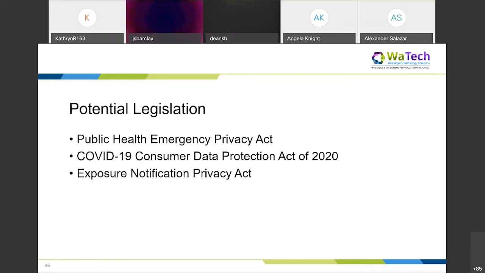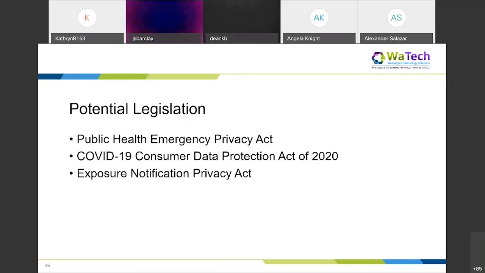So there are 3 bills right now that have been introduced at the federal level, and that's the Public Health Emergency Privacy Act, the COVID-19 Consumer Data Protection Act, and then the Exposure Notification Privacy Act.